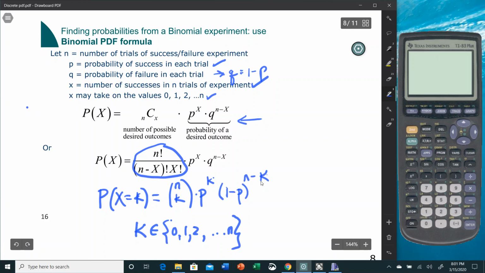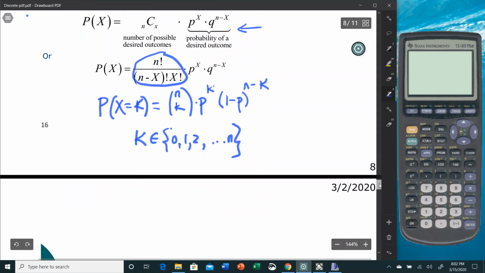So that is the probability X is equal to k. That might seem a little intimidating right now, but I'll do it a bunch of times so that you'll get used to the idea. But also, we're going to do this calculation using the calculator, so it'll be pretty easy.